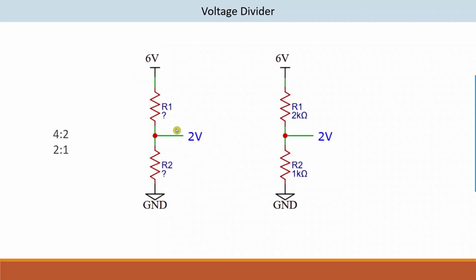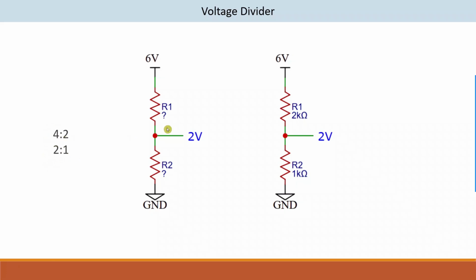How to find R1 and R2? If you see here, input is 6 volt, output is 2 volt. That means we are losing 4 volt across this resistor and we are going to lose 2 volt across this resistor. So here 4, here 2. Okay, so 4 is to 2. If you divide it by 2, it will be 2 is to 1, same as 4 is to 2.